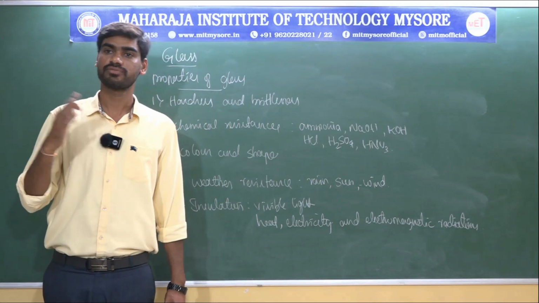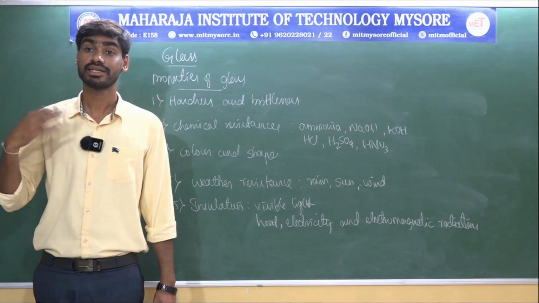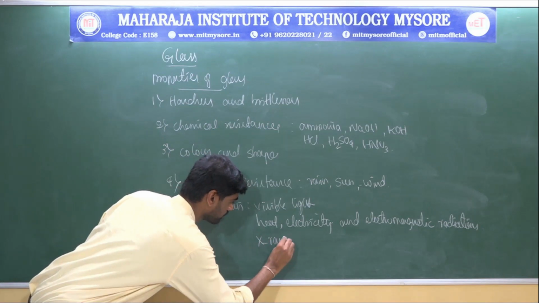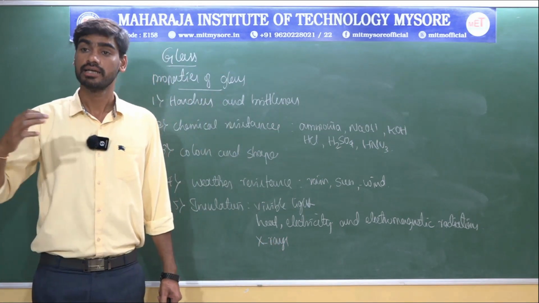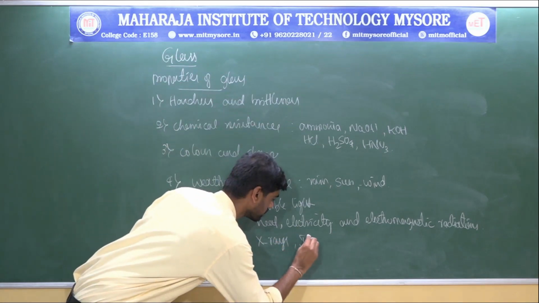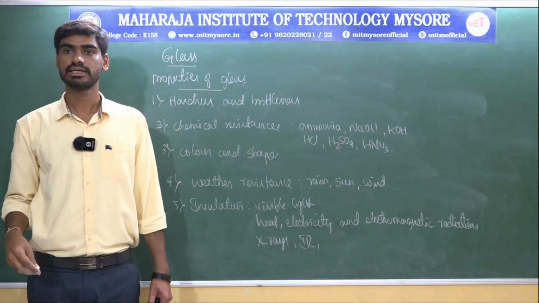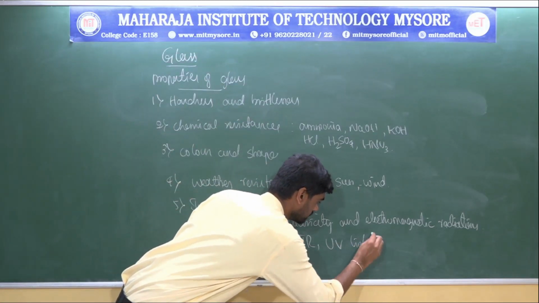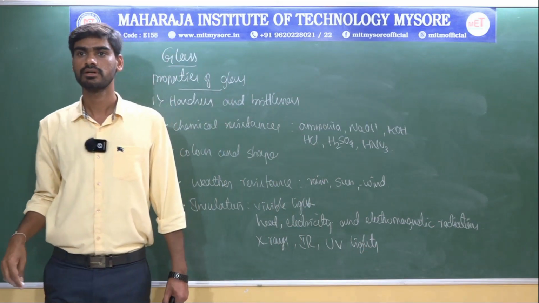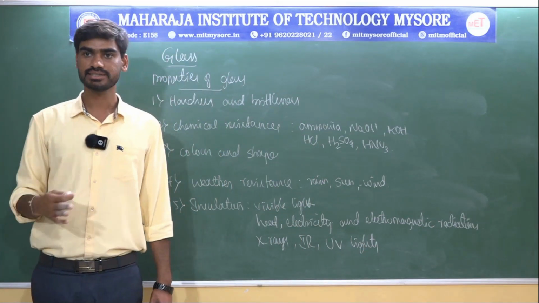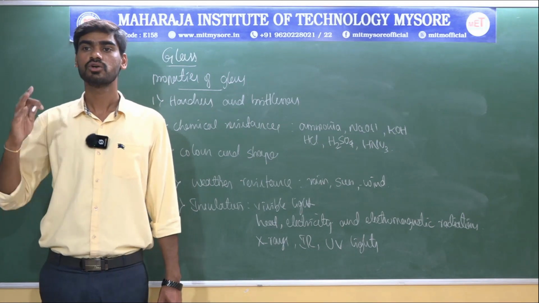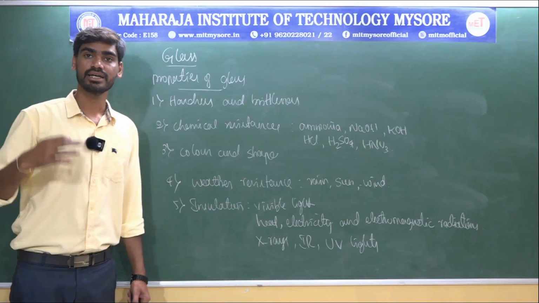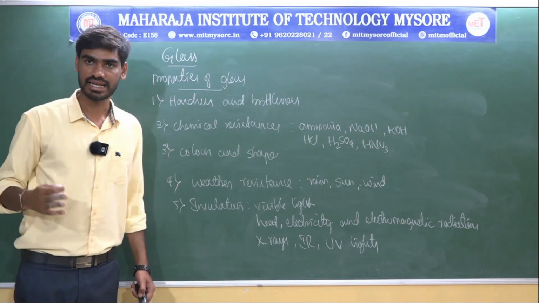A certain kind of glass exhibits strong resistance to the transmission of X-rays, IR rays, infrared rays, and UV lights, ultraviolet lights. If utilized with the proper thickness, glass also offers good sound transmission resistance. So these are some technologically important properties of glasses.